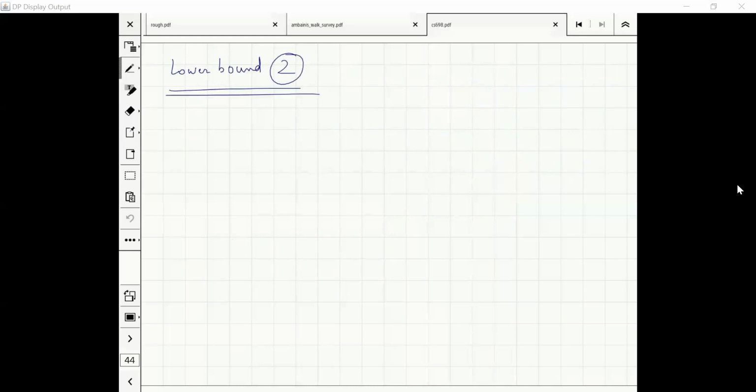Something related to the degree of F. Yes, what you can show is that D of F is more than the degree of F. You will see many such proofs.